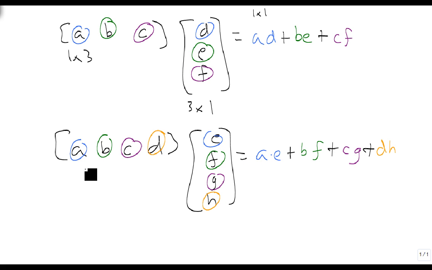So this is a 1 by 4 times a 4 by 1. It still ended up as a 1 by 1, but notice the 4 told us how many pieces there were going to be. 1, 2, 3, 4.